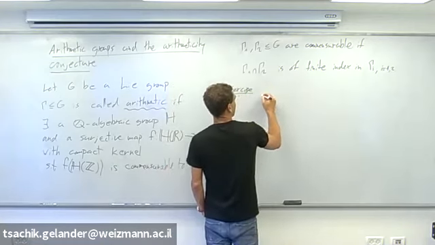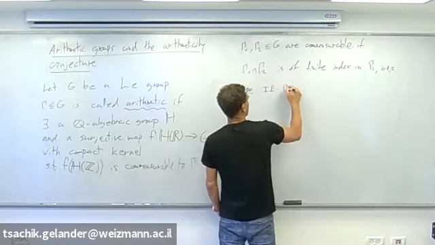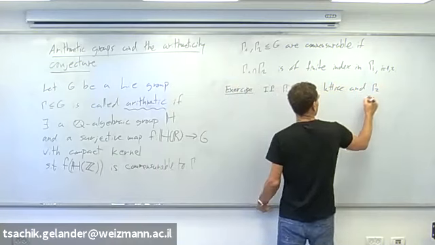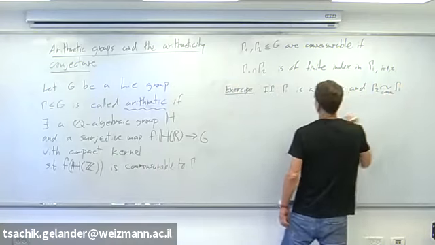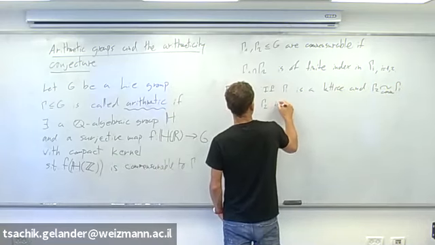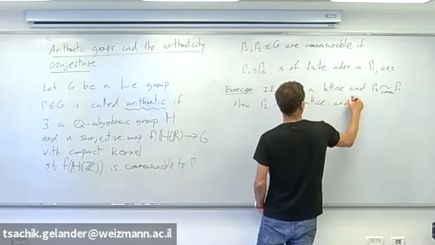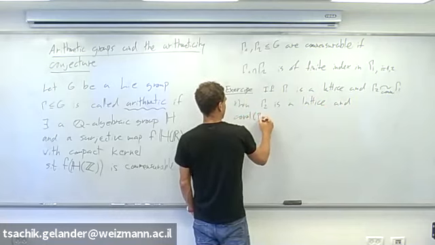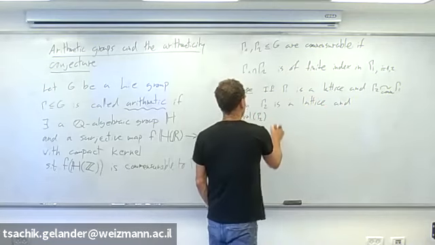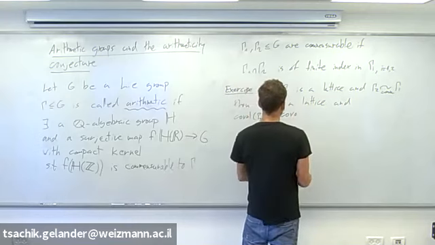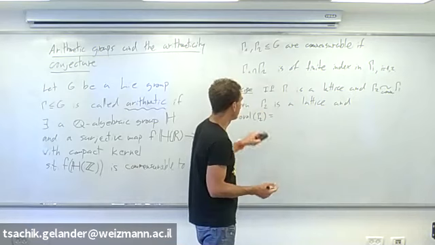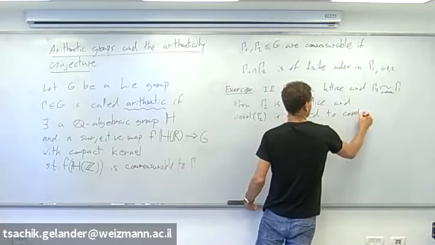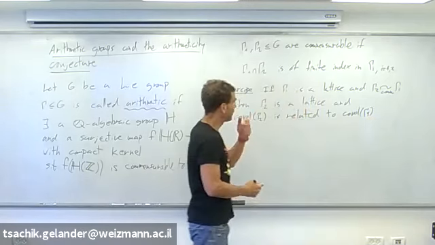If gamma 1 is a lattice and gamma 2 is commensurable, then gamma 2 is a lattice, and the co-volume of gamma 2 is related to the co-volume of gamma 1 by the index of the intersection.